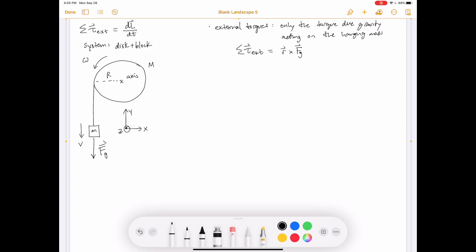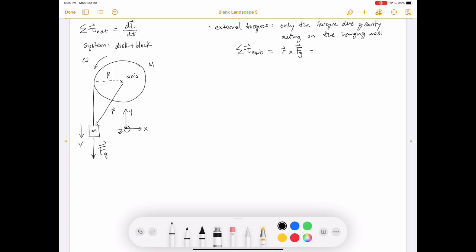So the r vector points from the axis of rotation to the point where the force is applied. So that's the r vector shown there. Now, just by the right-hand rule, we can figure out the direction of the torque. You point the fingers of your right hand in the direction of r, and then you curl them in the direction of the force.